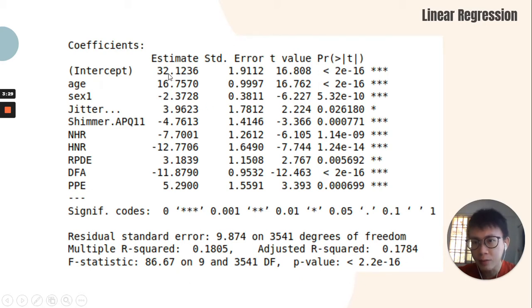And from here we can also see that H, jitter, RPD, and PPE have a positive correlation with total UPDRS, while the other attributes have a negative correlation with the target. And one more thing to say is the R-squared for linear regression is actually very low. It's 0.1805. So it's not a good fit with the data.